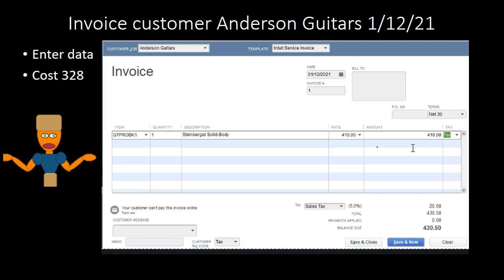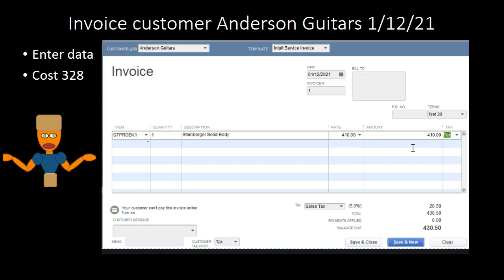We do have sales tax on it at 5%, and the 410 times that 5% would be $20.50, which gives us the total of the 410 plus the $20.50 sales tax that we expect to receive from the customer. That would all be done automatically. All we would have to know when inputting this information is who's the customer and what's the guitar number. The rest would then auto-populate.